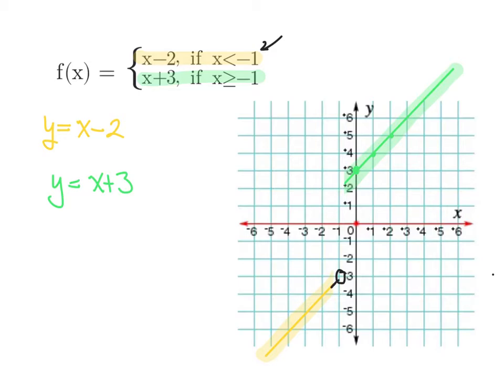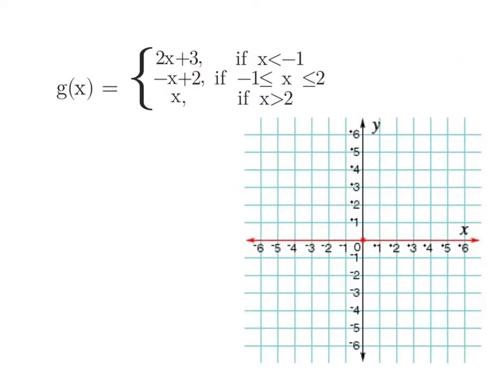Then on the green line, it says that x is greater than or equal to negative 1. So on its boundary, I'll use the closed circle, the dot, to begin that portion of the line. Then we have a good graph where the top piece is going to be this line and the bottom piece will be this line.